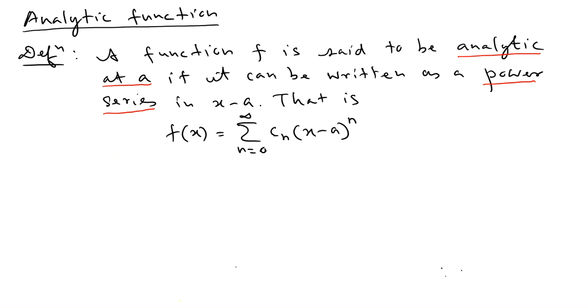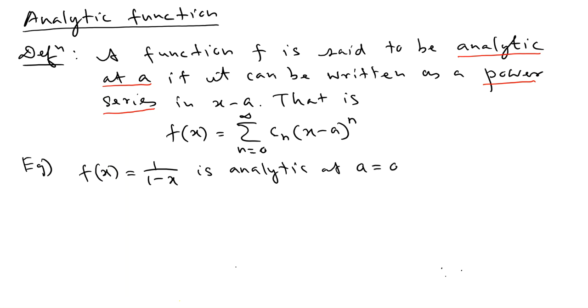Good. So let's look at some examples. Let's say you have a function f(x) equals 1 over 1 minus x. You can say this is analytic at a equals 0. What's the reason? Can you write this as a power series in x minus 0, that means x?